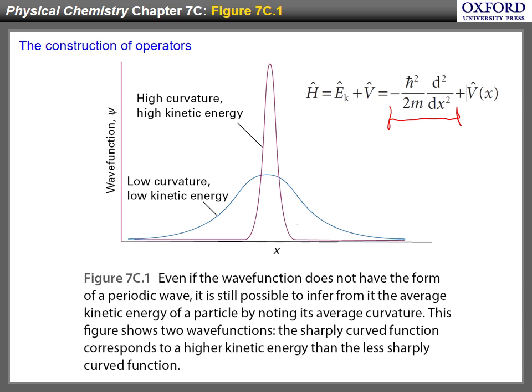Well, first of all, from the math, we remember that the second derivative of a function is a measure of its curvature, right? The larger the second derivative is, the sharper the curvature, right? So here we have two scenarios. This is our wave function.